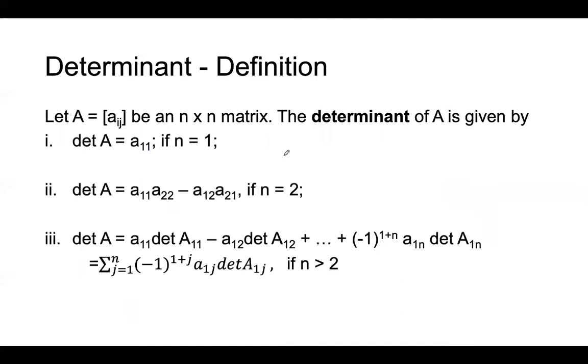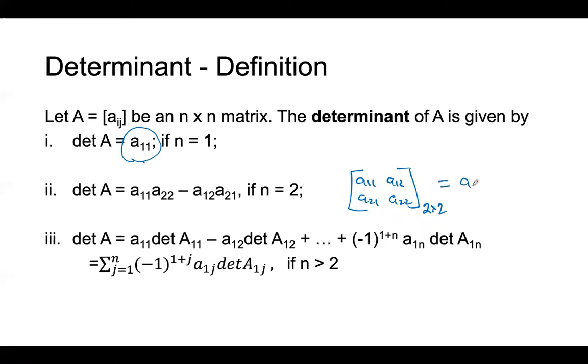Now, the definition of the determinant: if it's just a 1 by 1 matrix, so just one entry, it's not very interesting. It's that specific value. If the matrix is a 2 by 2 matrix, with A11, A12, A21, and A22, we just cross multiply them.